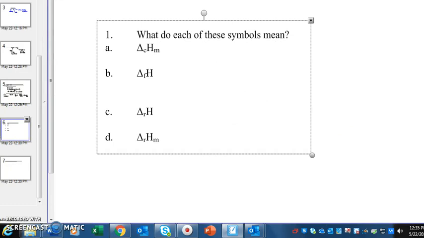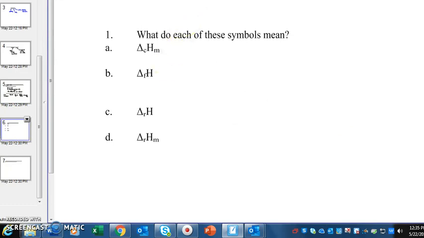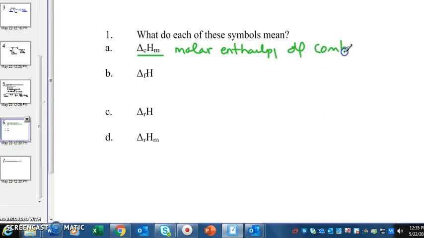So what does each one of these symbols mean? Well, this one here is talking about the molar enthalpy of combustion, where the C is standing for combustion, M is standing for molar.